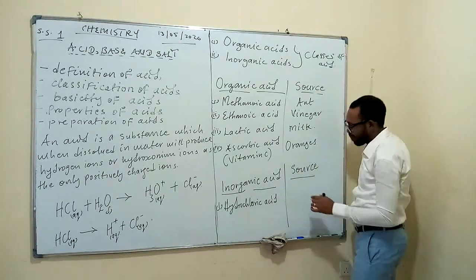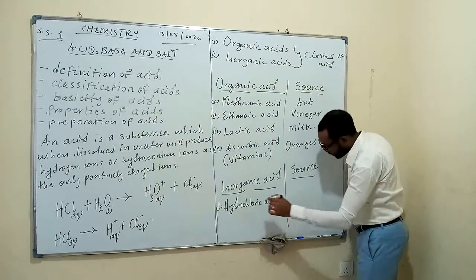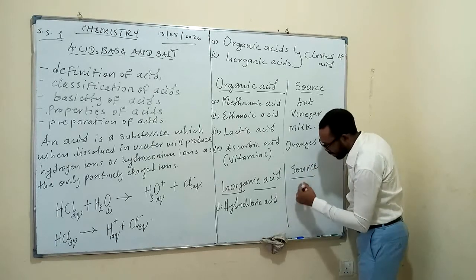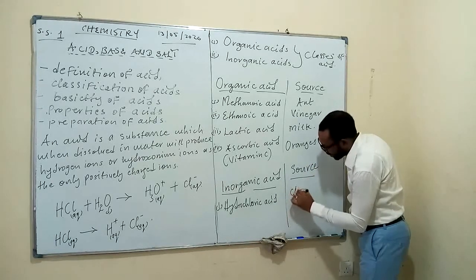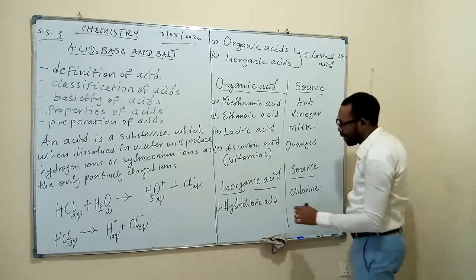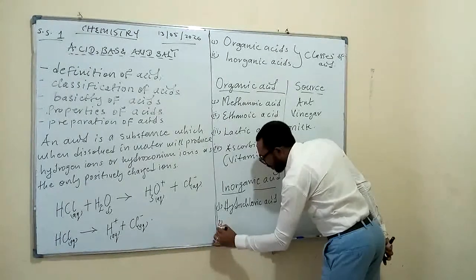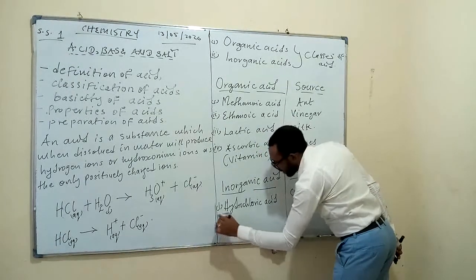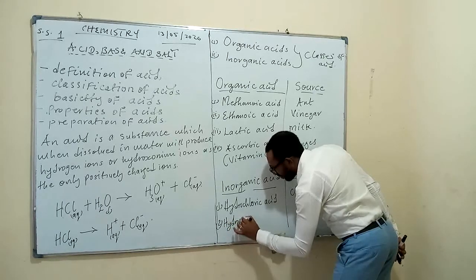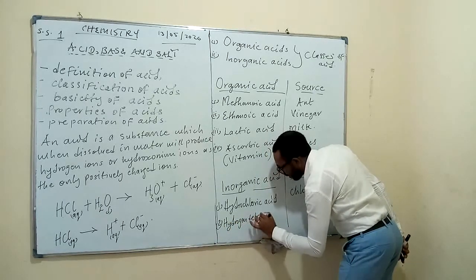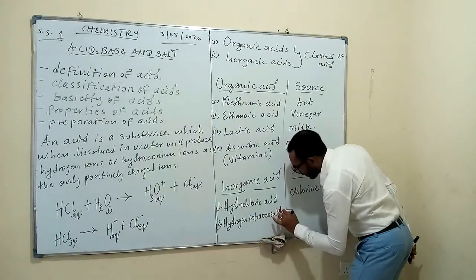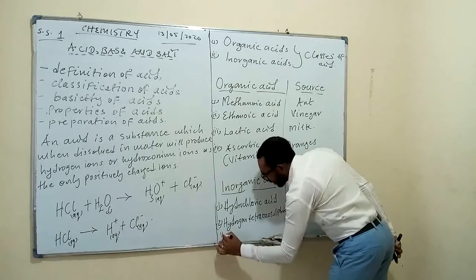Hydrochloric acid is gotten from chlorine, as from chloride ions or chlorine. I told you source could be, let's put chlorine. You can get hydrochloric acid from chlorine. Another example of inorganic acid is hydrogen tetraoxosulfate 6.